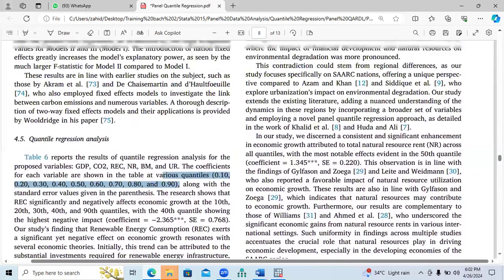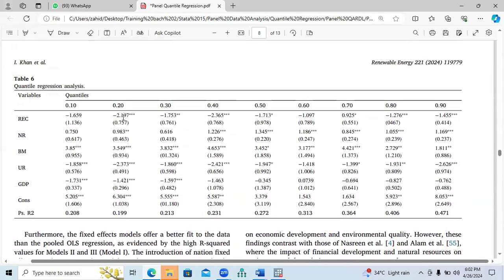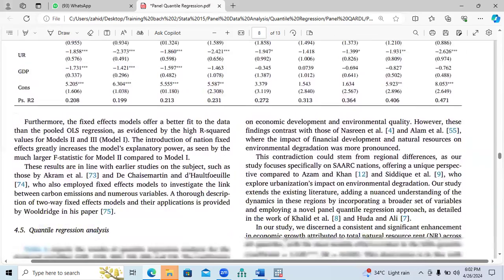If you remember the outreg2 command, which I was using for putting your regression results in a publishable format, they always indicate the coefficient values in the first row and the standard error value in the brackets or parentheses. They have indicated the same here.